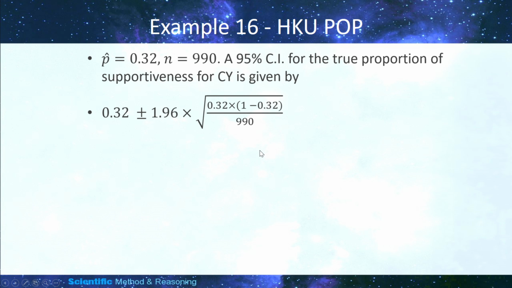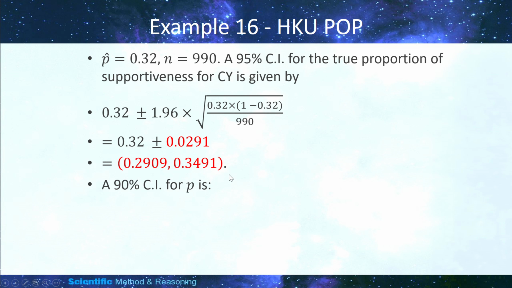Everything is very simple, and you just plug in the estimate. That's why we have 0.32 plus or minus 0.029, which they round up to 0.03. To be precise, the true value of p should fall between 0.2909 and 0.3491.